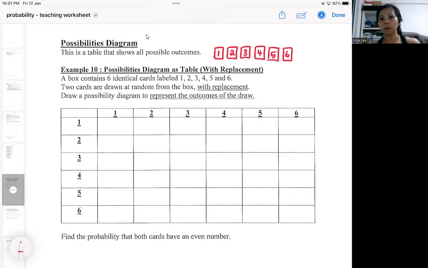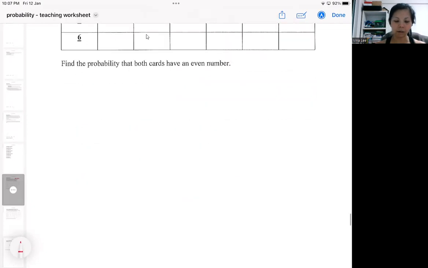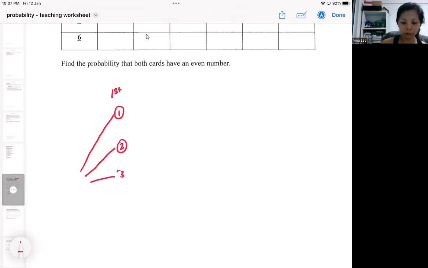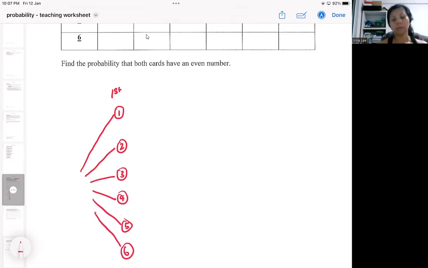If I do this as a tree diagram, it will look something like this. What can the first card be? The first card can be 1, 2, 3, 4, 5, 6. So these are the possibilities for the first card.